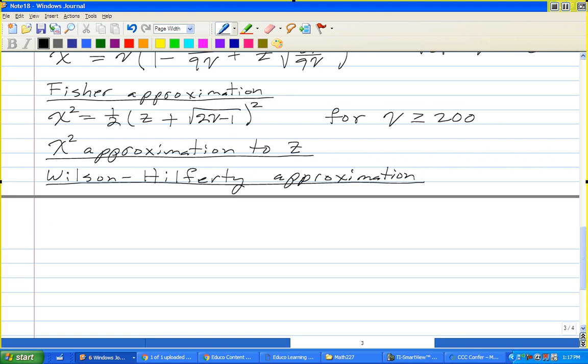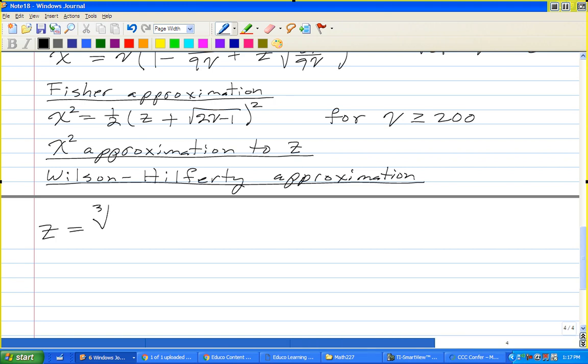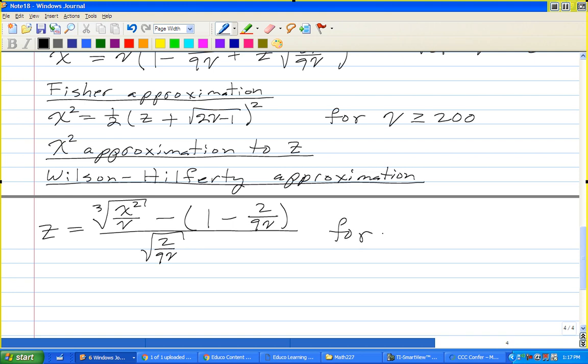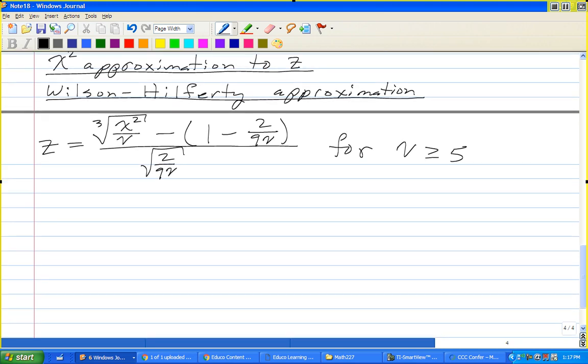So we have z is equal to the cube root of chi squared over nu minus 1 minus 2 over 9 nu, over the square root of 2 over 9 nu. Again, this is true for degrees of freedom greater than 5. It's a very conservative estimate.